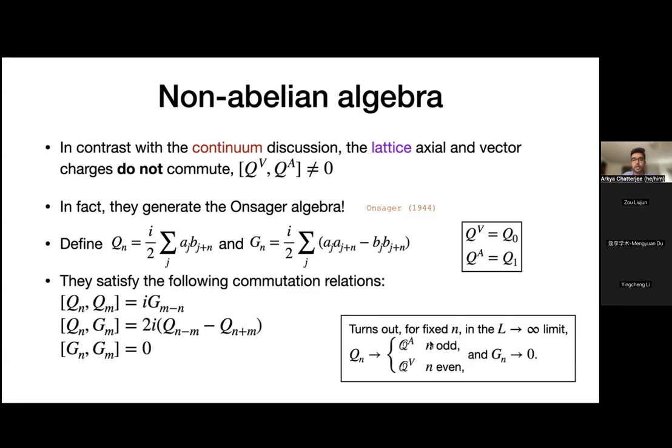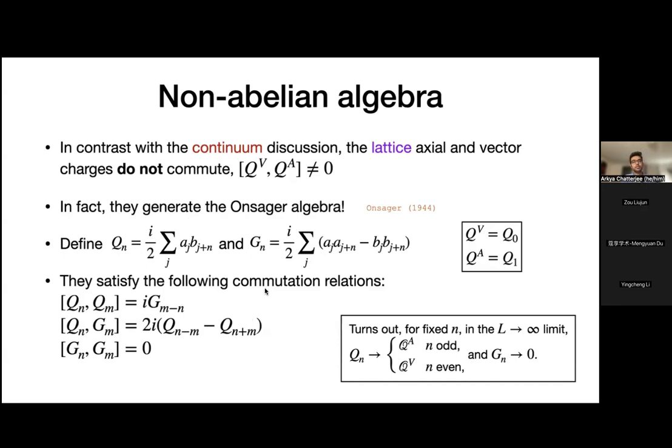And it turns out that for fixed order 1 n in the L going to infinity limit, this thermodynamic limit, the Q_n with odd n flow to the continuum axial charge, whereas the Q_n with even n flow to the vector charge of the field theory. And all of the G_n flow to 0.